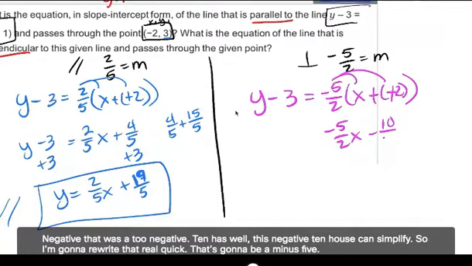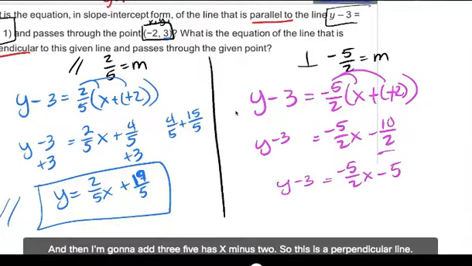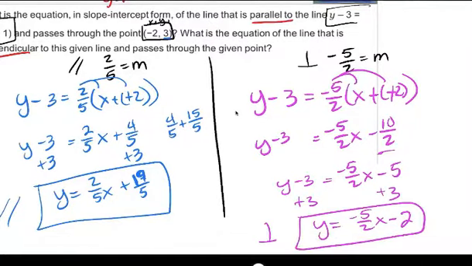Negative 10/2. And this negative 10/2 can simplify, so I'm going to rewrite that real quick. That's going to be minus 5. And then I'm going to add 3. Negative 5/2 x minus 2. So this is my perpendicular line.